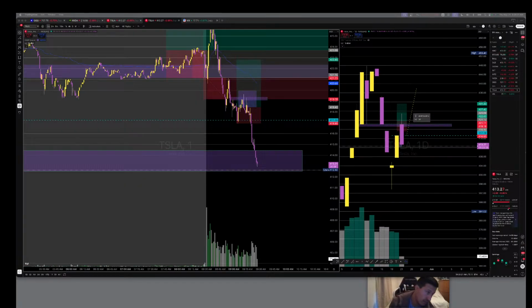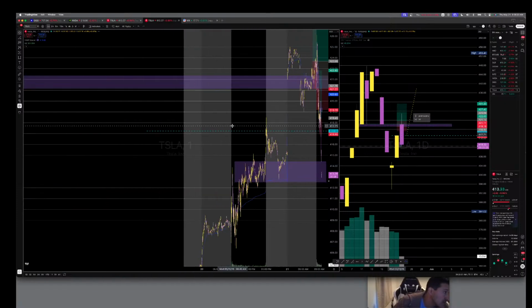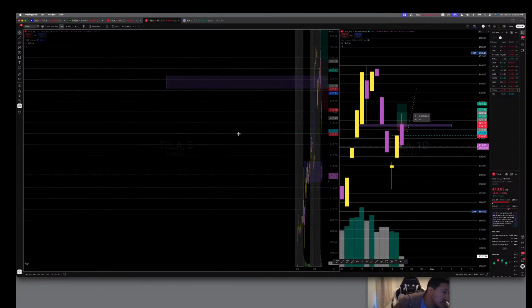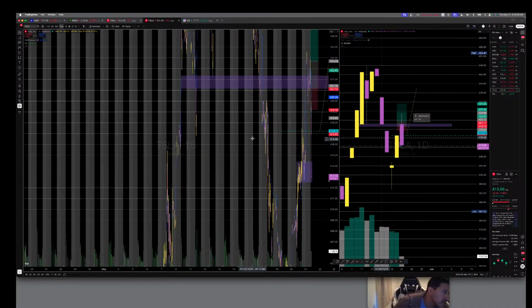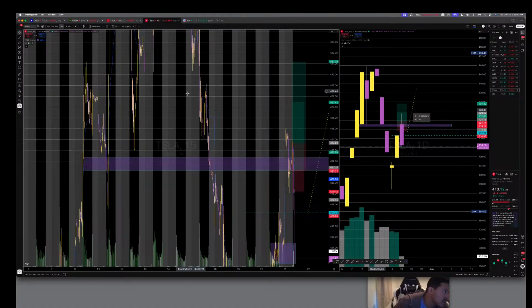Literally catching a falling knife. Why did it reject up there? Was there like hindsight down there? Let's see. I don't know what it is.